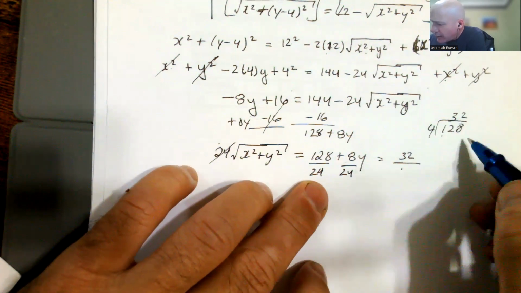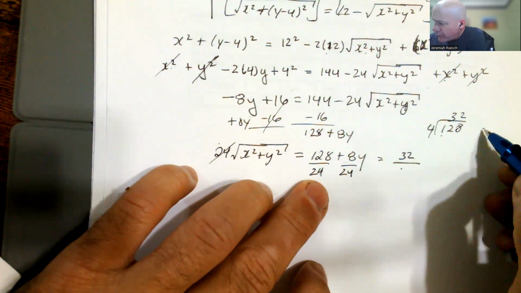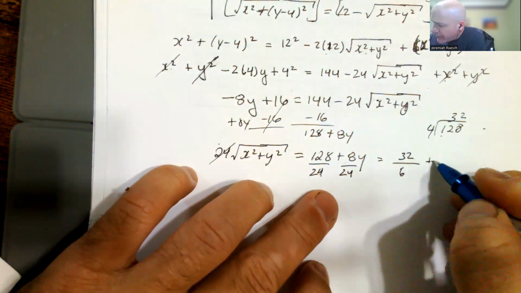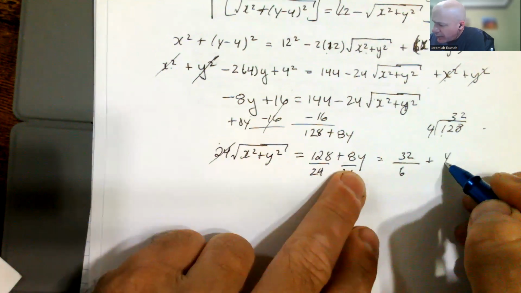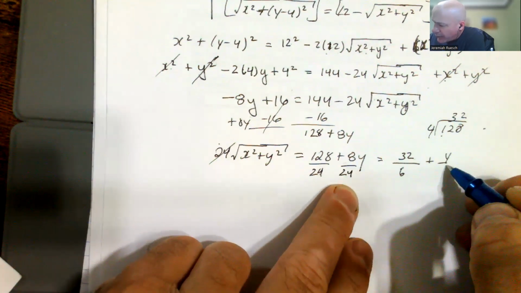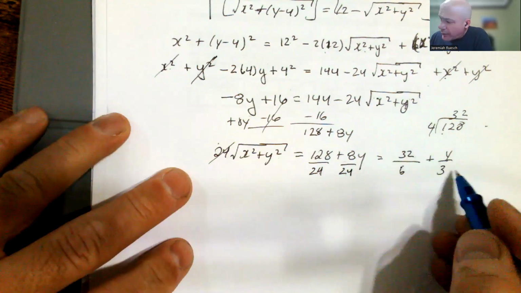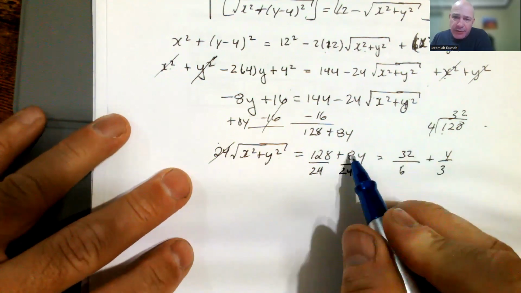Yeah. And then 4 goes into 24 6 times. Okay. And then 8 goes into that once, and 8 goes into that 3 times. Okay. All right. So it does simplify quite a bit, which is nice. Those numbers are much nicer looking than that.